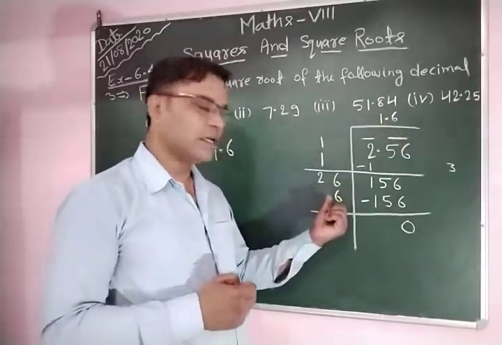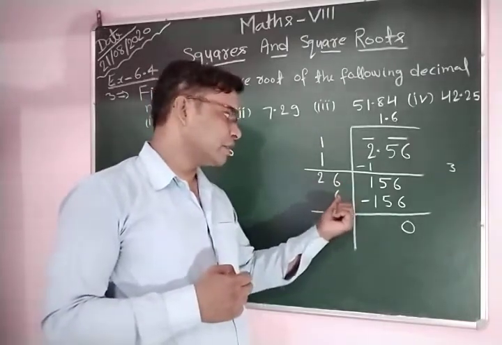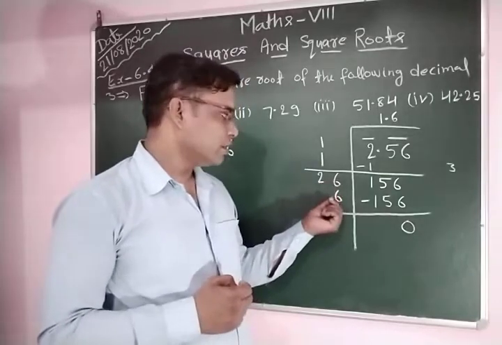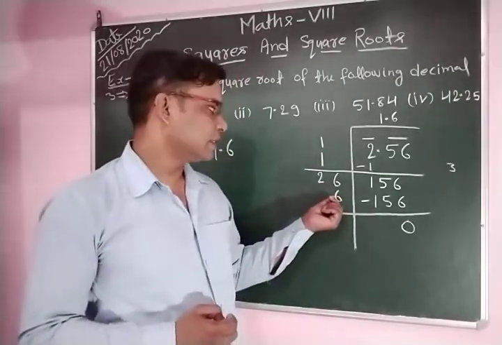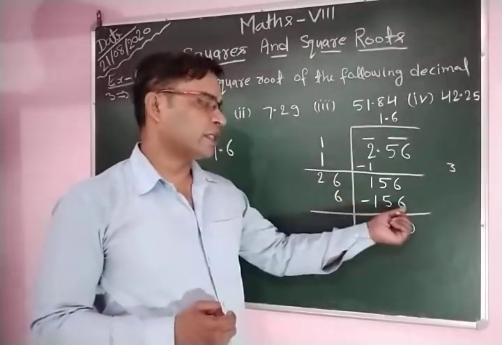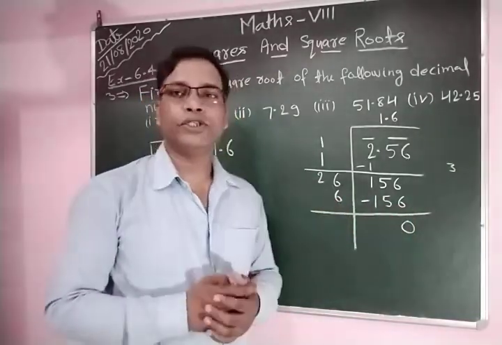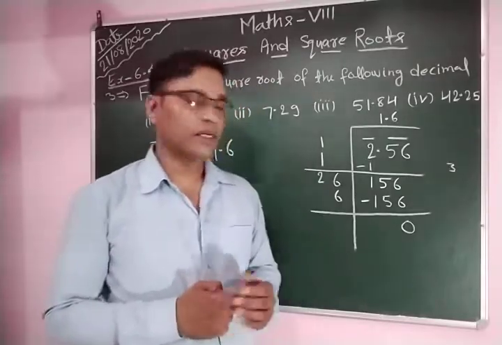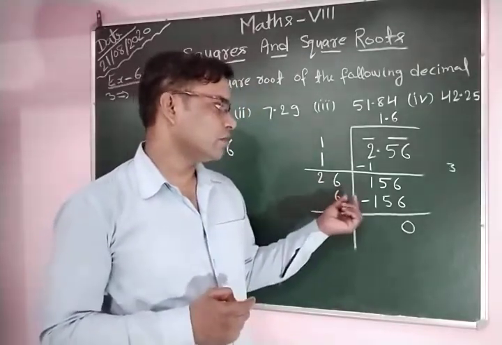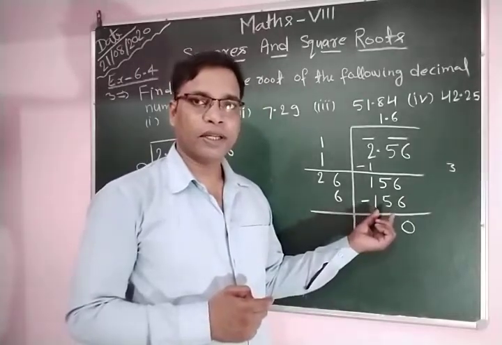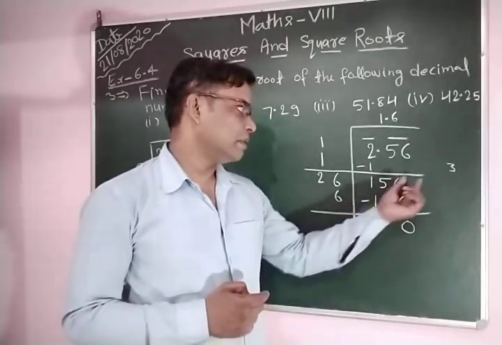Again we write 6 below and multiply this 6 by 26. So you can see here 6 into 6 is equal to 36, carry 3, and 6 into 2 is equal to 12. 12 plus 3 is 15.